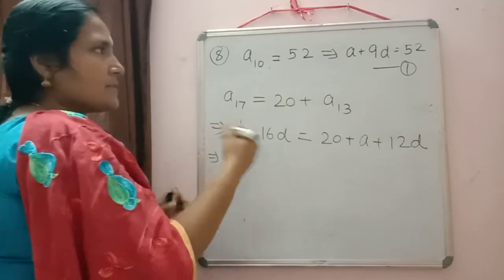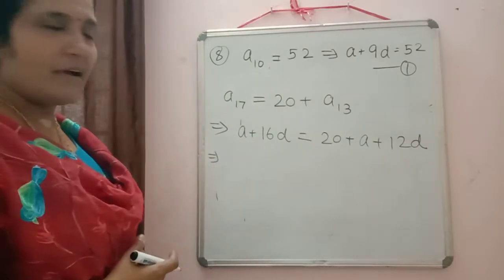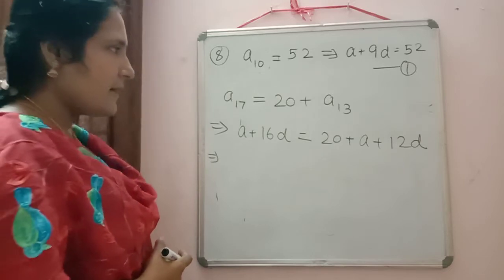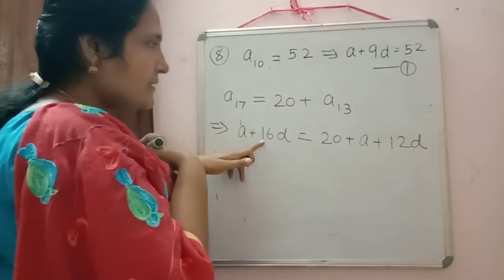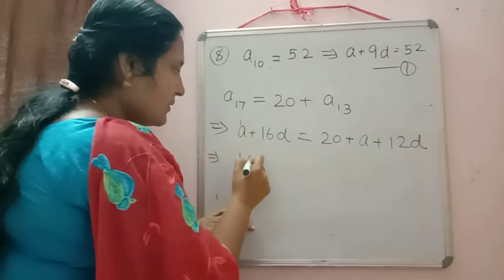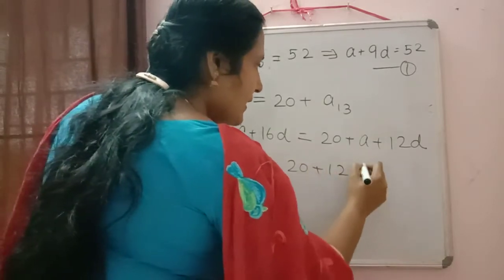At present we don't have any value there, so we have to simplify only this one. Now a and a will get cancelled. 16d remaining is equal to 20 plus 12d.